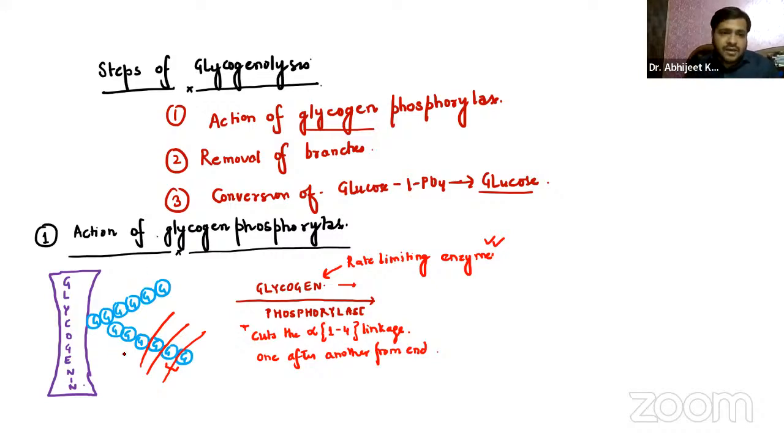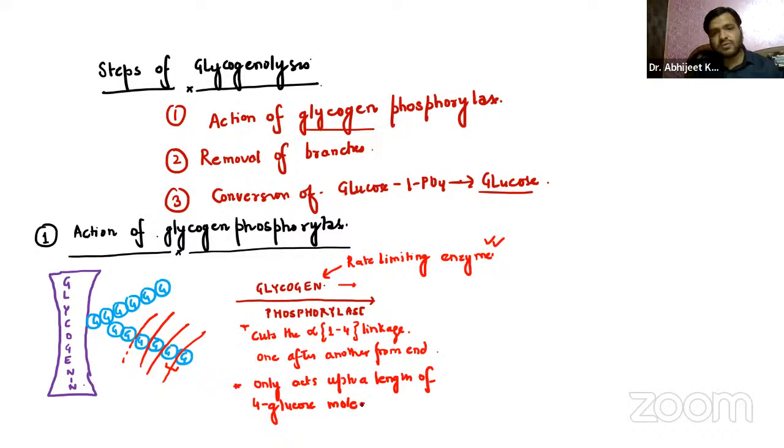Now remember, guys, this particular enzyme acts only up to a limit of 4 glucose units. Only up to a length of 4 glucose molecules from the branching point, and then it stops.